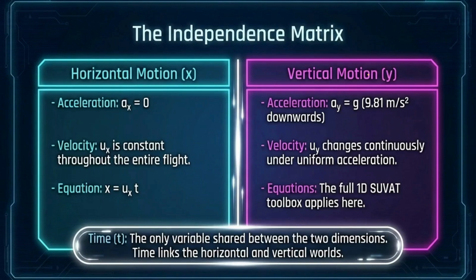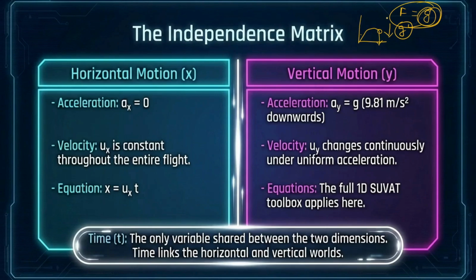Now, in the vertical motion, the case is different. We know gravity is constantly pulling the object down, meaning the object is going like this. g is pulling this object downward, so we have a force here due to gravity.